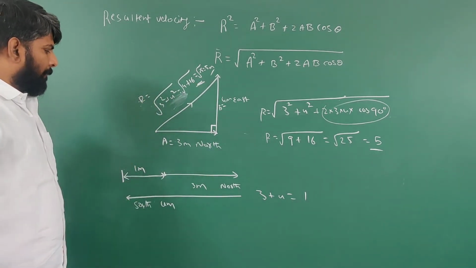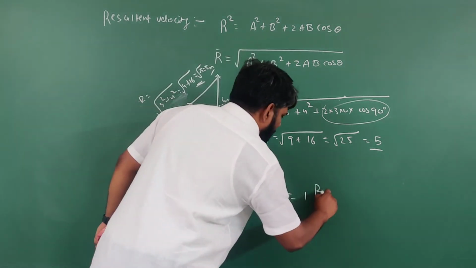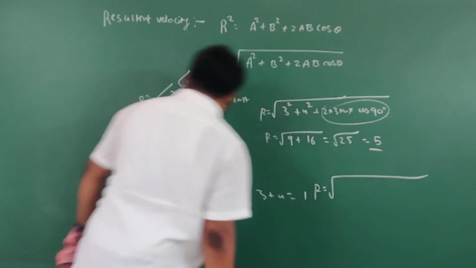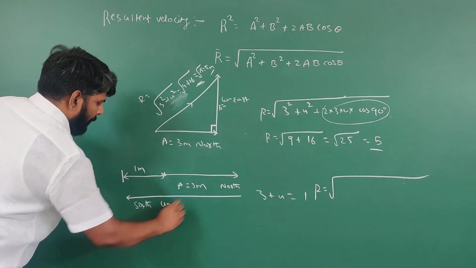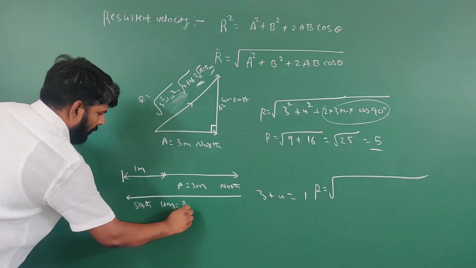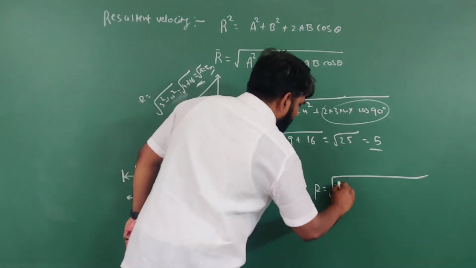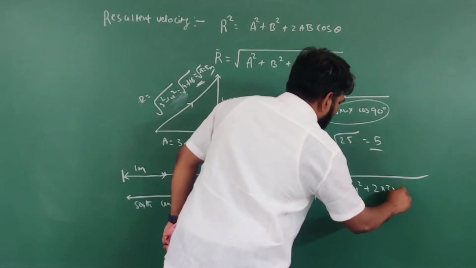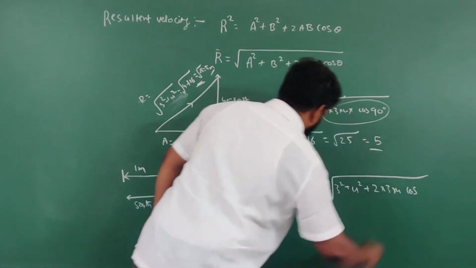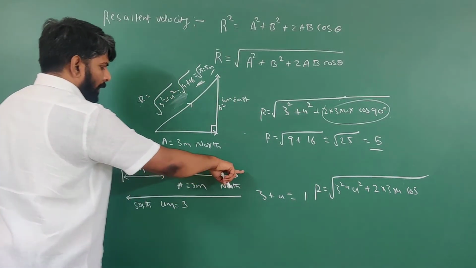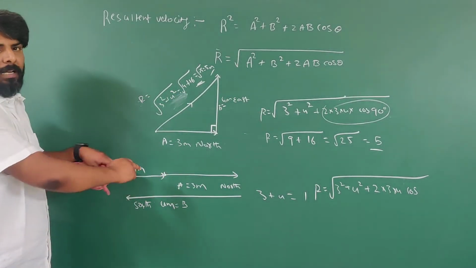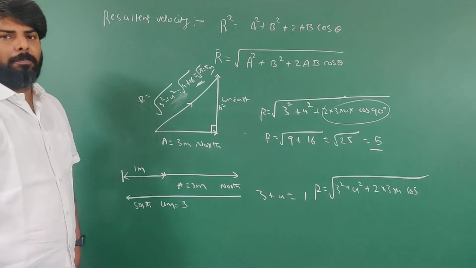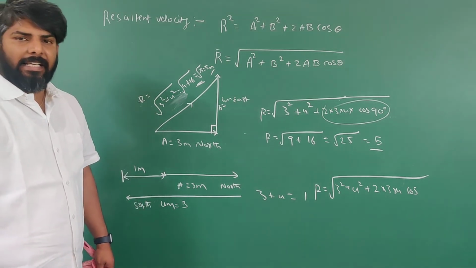Observe here in this case, r equal to resultant, root of a square plus b square plus 2ab cos theta, with a equal to 3 and b equal to 4. So 3 square plus 4 square plus 2ab, means 3 into 4 into cos of the angle. What is the angle? One is north, another one is south, means both are opposite. Both are opposite means the angle is 180 degrees.